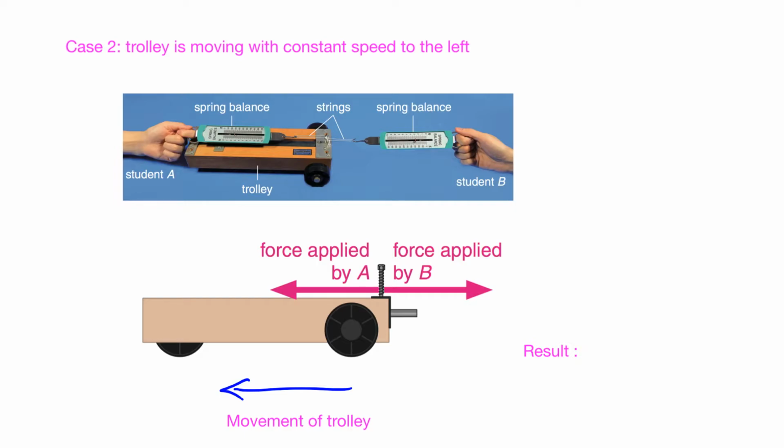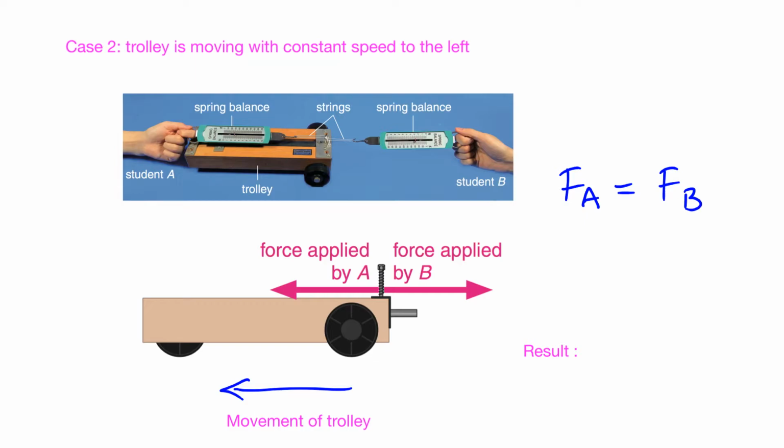If at this moment, suddenly, I apply force A and force B right there, and again force A and force B are balanced forces, so the forces are equal. No one is larger than the other. So to the trolley, more or less, it can feel nothing, because the forces cancel out each other.